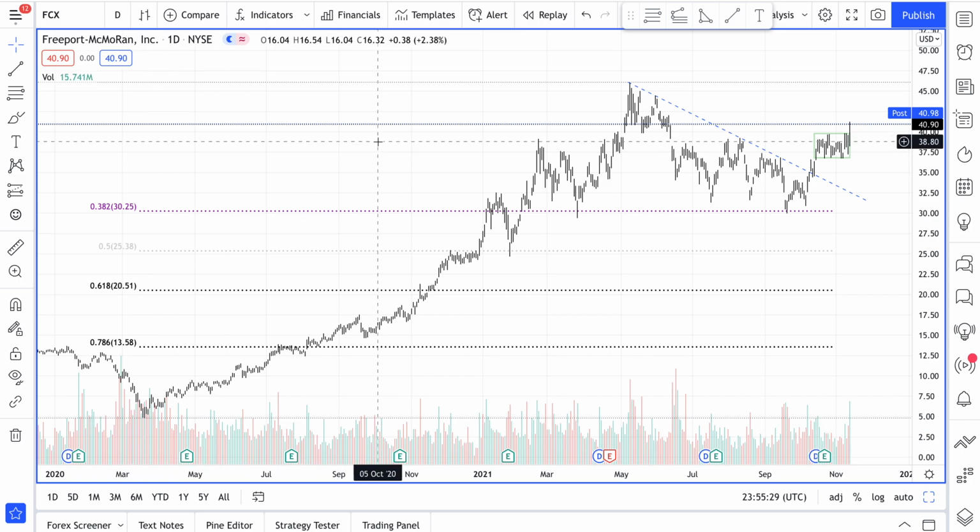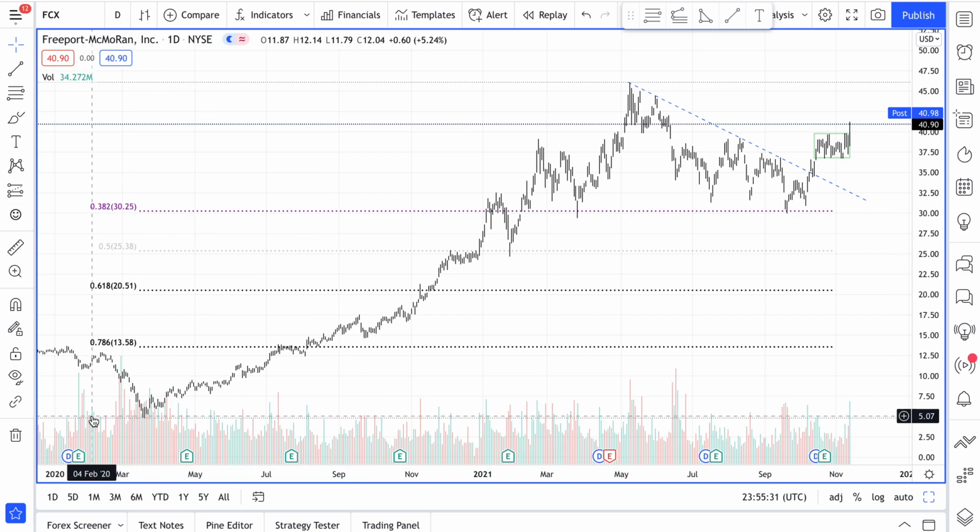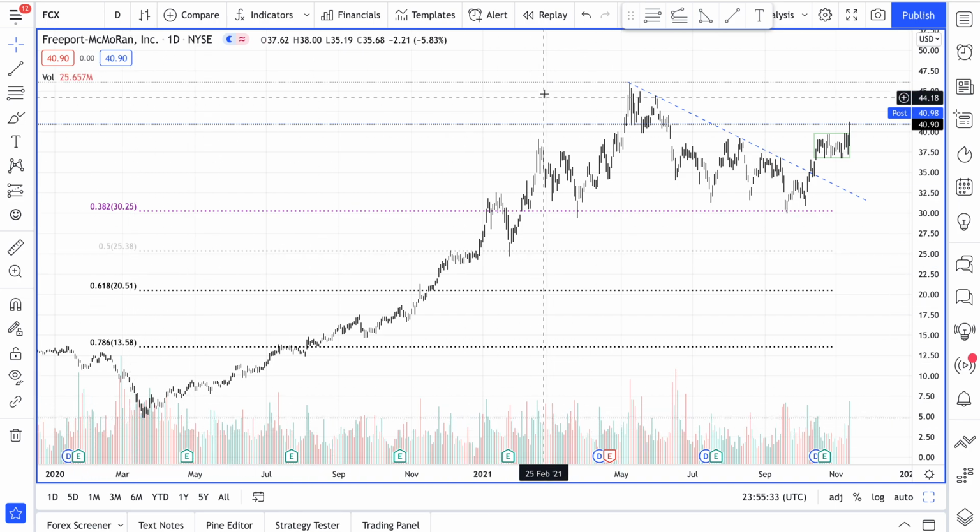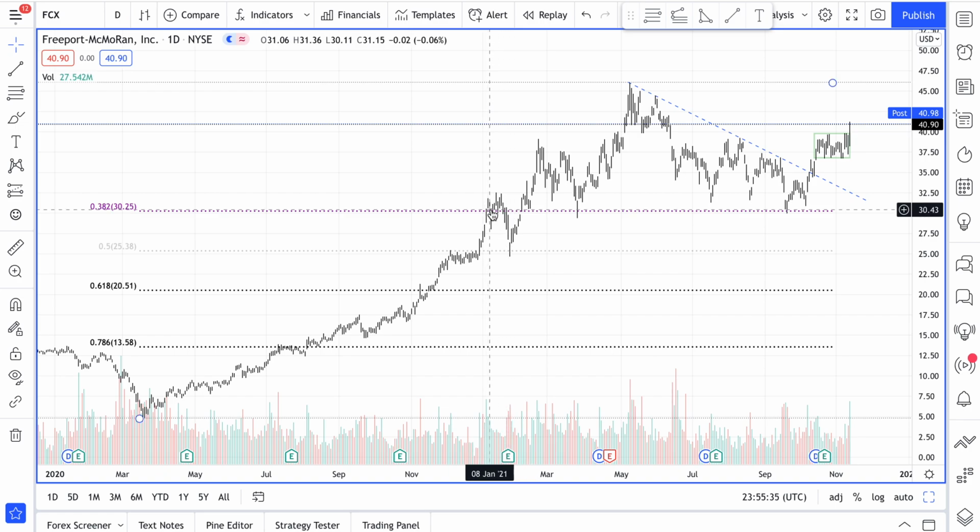And actually what we see is that if we draw a simple Fibonacci retracement by taking the low and the high, the 38.2% retracement comes around $30.25 per share. And that's what happened.